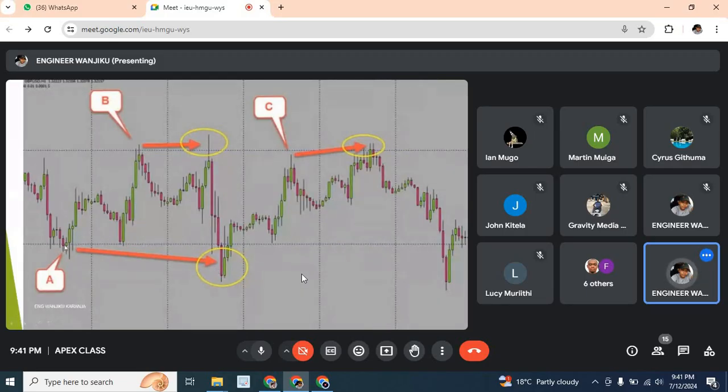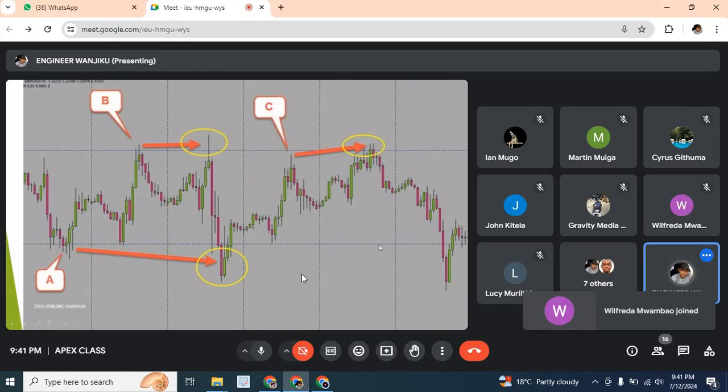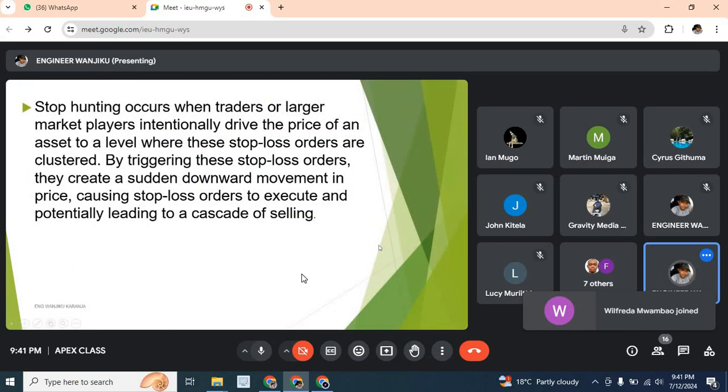Also for A, they had their stop losses here, but the market comes down, stops them out before going into their initial direction. The same thing happens on this C person, on this zone right here. So the market comes, stops them out before going into their initial direction. So it is very, very painful.